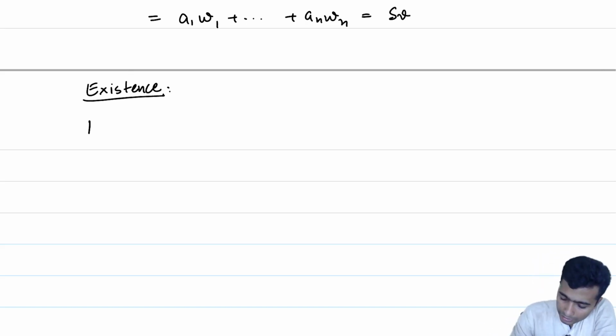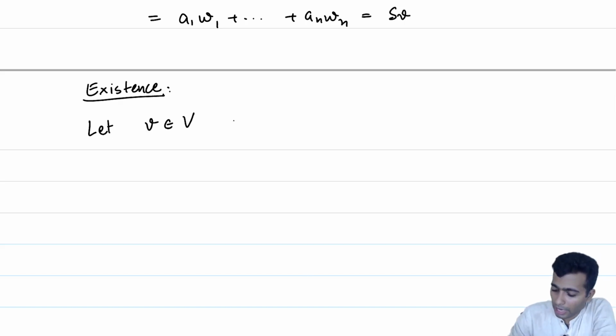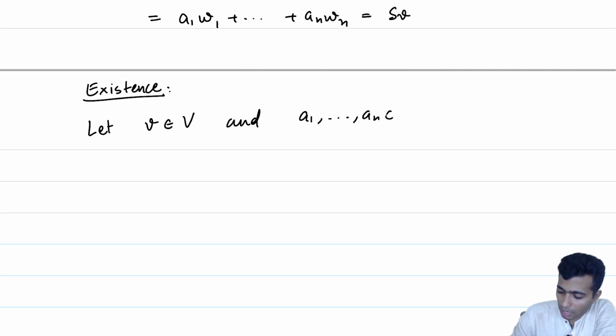So, let V be a vector in capital V and A1 to An in R be such that V is equal to A1 V1 plus up to An Vn.